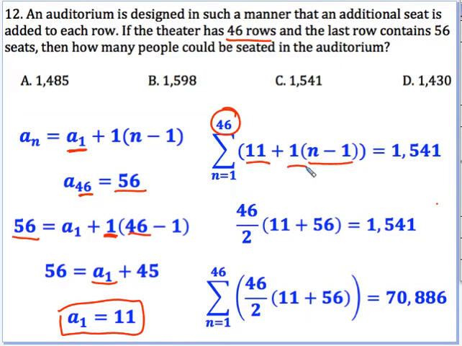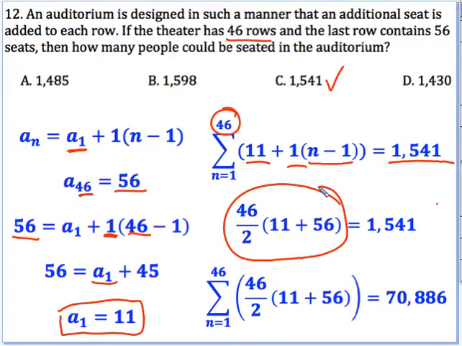So really you just need to know how to set up your arithmetic sequence and how to use sigma notation. So when I get that, I get 1,541, which bam, it's right there. Now, I have noticed that some of you guys will try to use this series formula. This is the series formula.